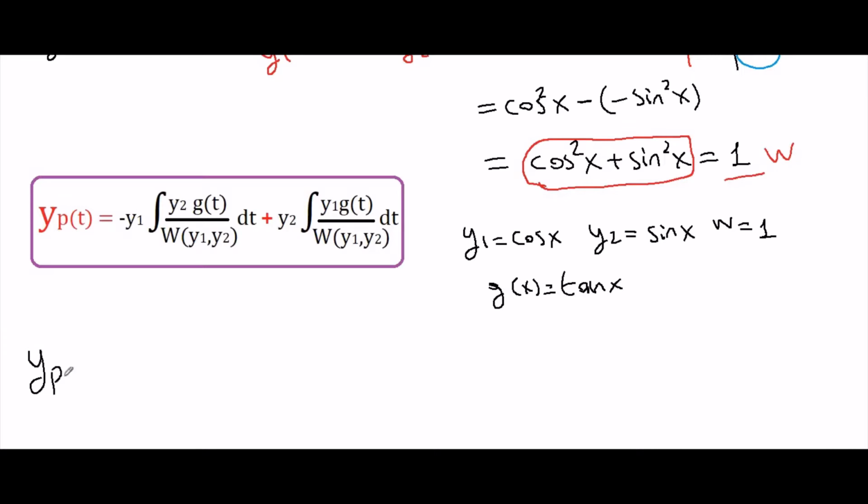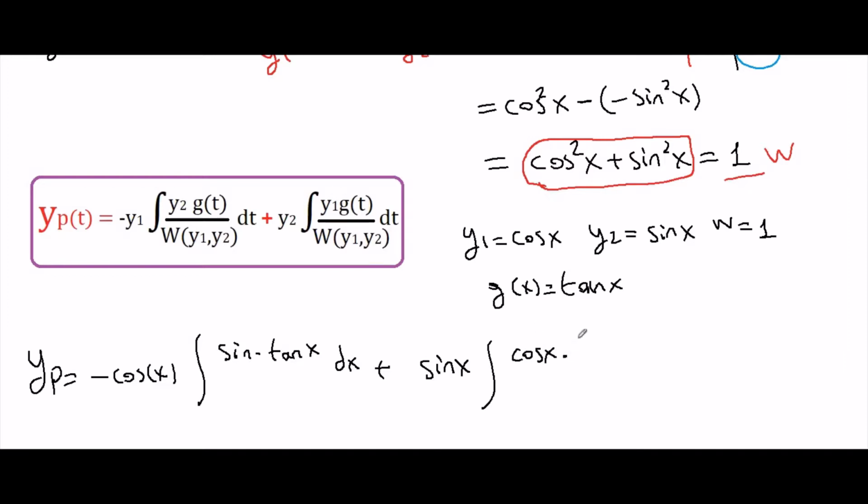So our y particular will be negative y1, which is negative cosine of x, times integral of sine x times tangent x over 1. So we don't need to write that. dx. Plus we have y2, which is sine of x, times integral of cosine of x from y1 times tangent of x dx.